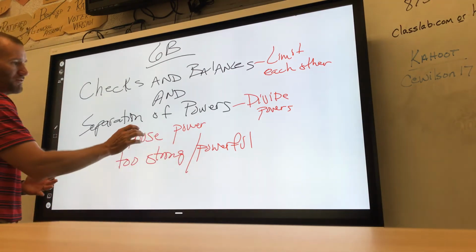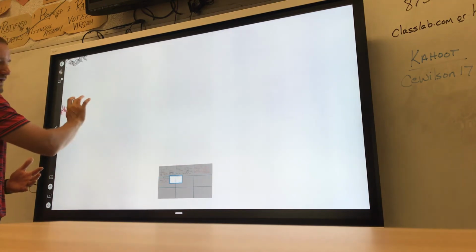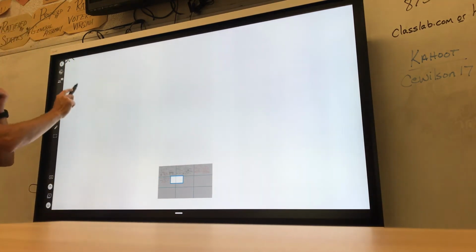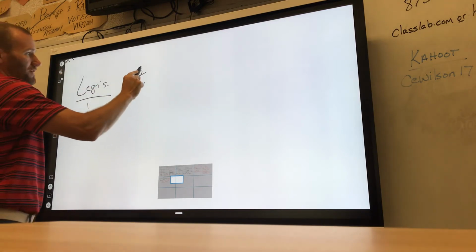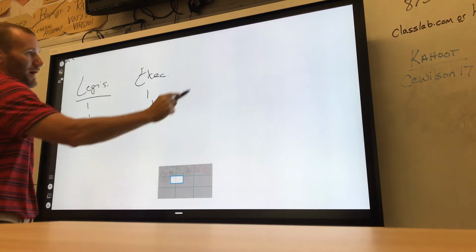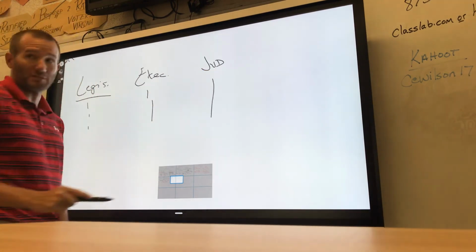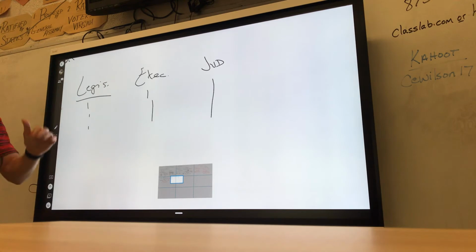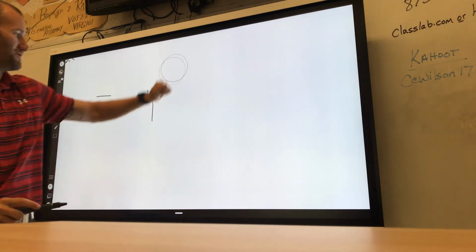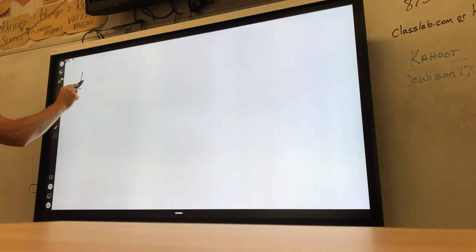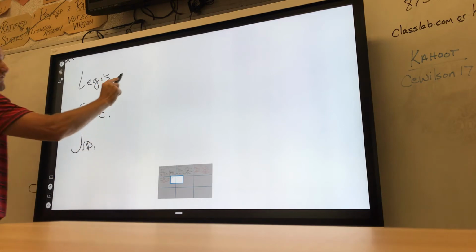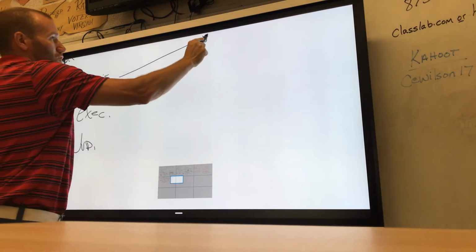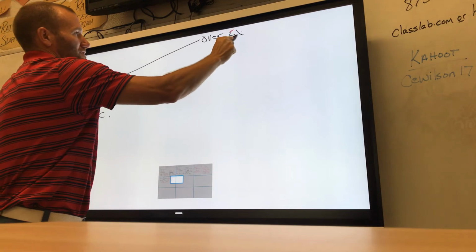But for separation of powers, you've got the legislative, and it has powers. You have the executive, and it has its powers, and then the judicial, and it has its powers. Okay, so they're all separated. Checks and balances are where you've got the legislative here, the executive here, the judicial here, and there is something that the legislative can do over the executive.